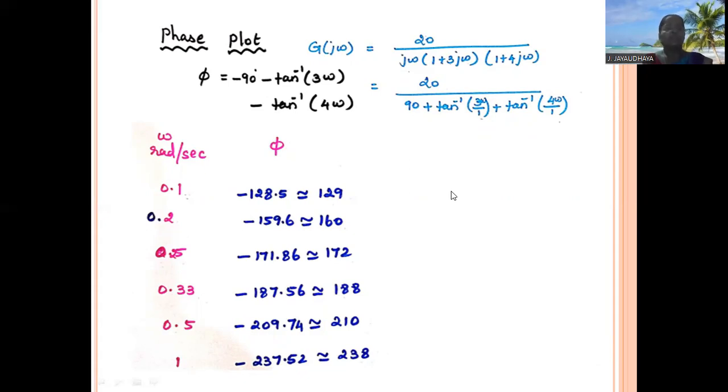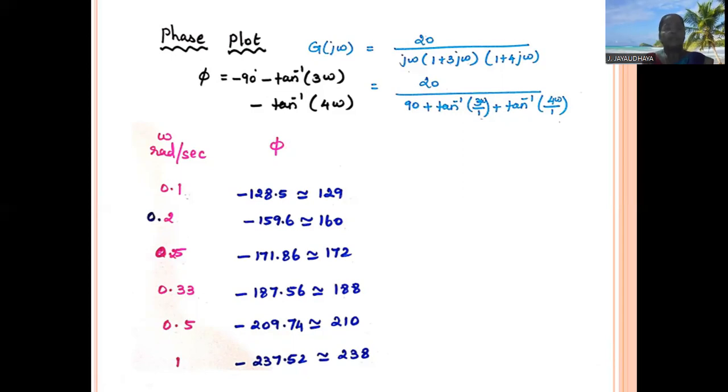Okay. Then after this, we have to plot the phase plot. For that, we are taking different values of omega: 0.1, 0.2, 0.25, 0.3, 0.33, 0.5. For these different values of omega, we are calculating the phi value using this formula. So for 0.1, we are getting the phi value as minus 129. For 0.2, we are getting minus 160.